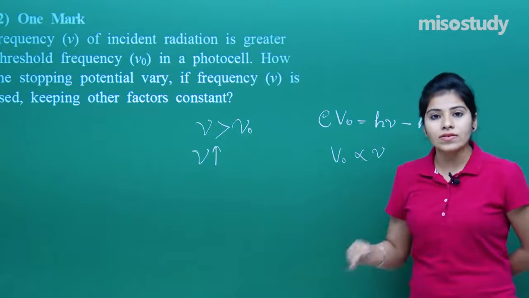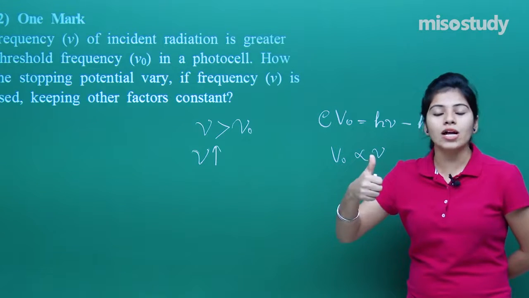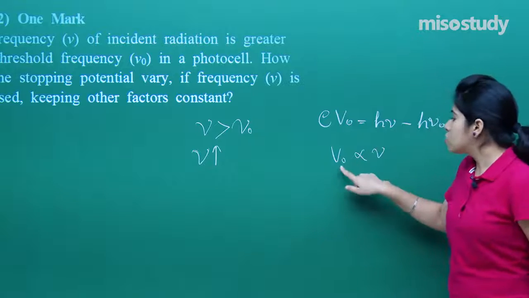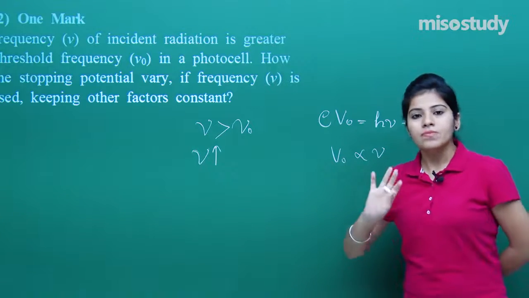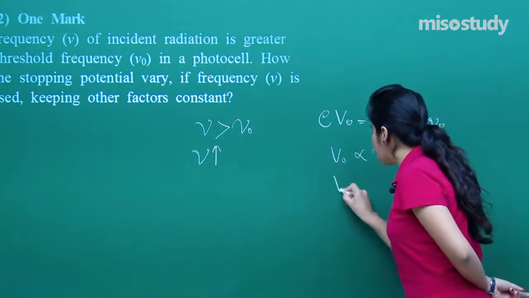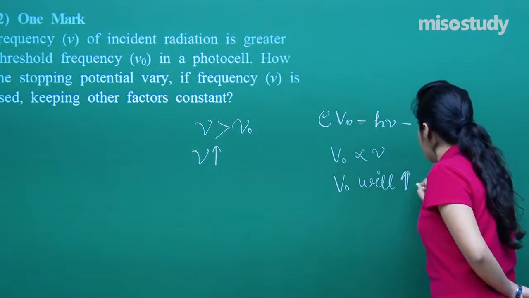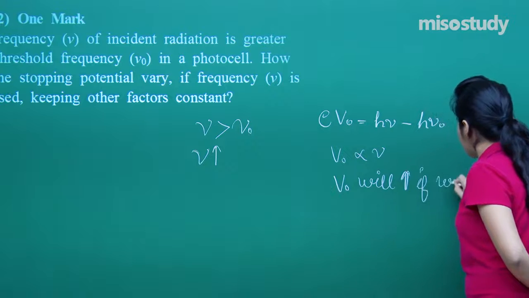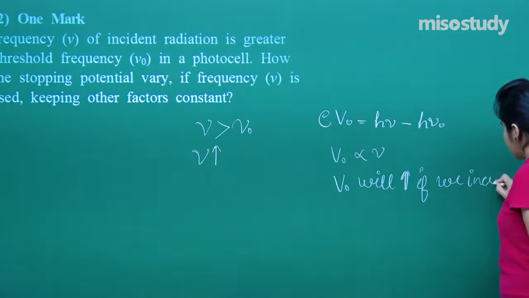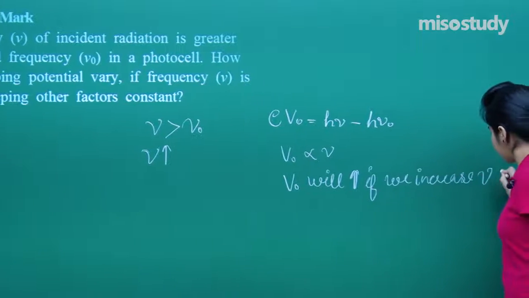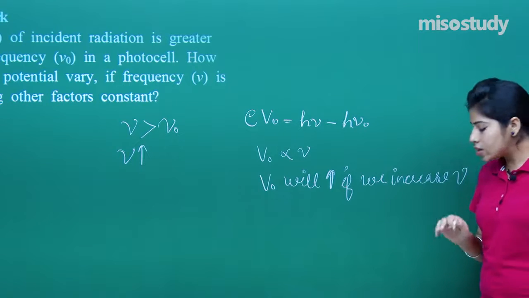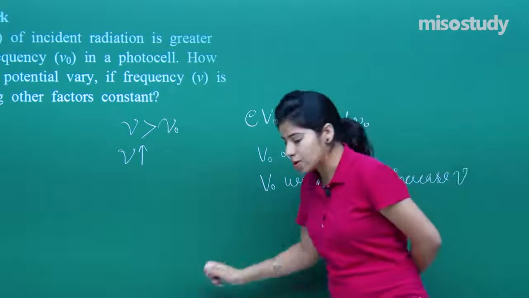So, there is a direct relation: when the frequency increases, the stopping potential will increase. Directly you have to give this answer: V naught will increase if we increase the frequency.